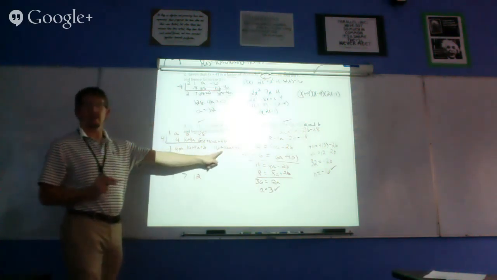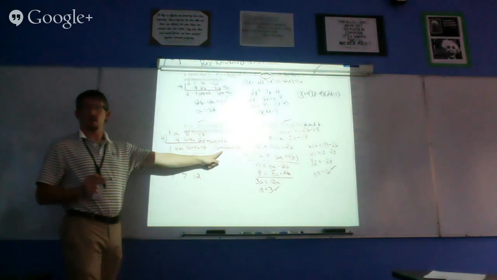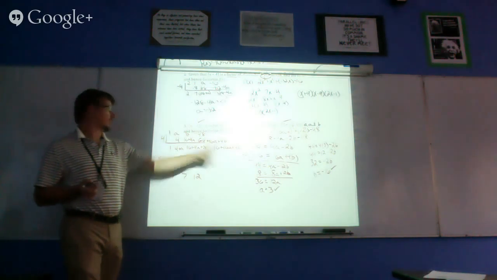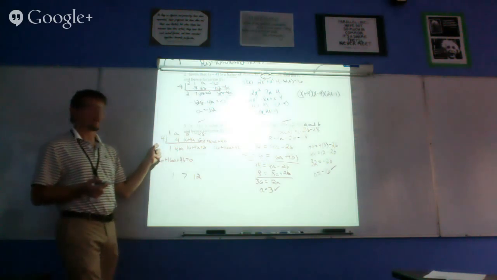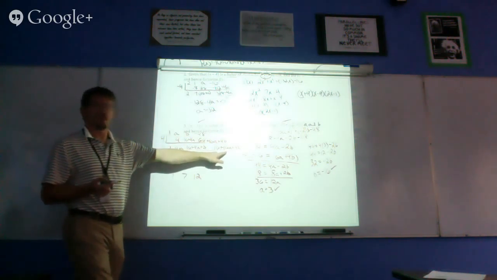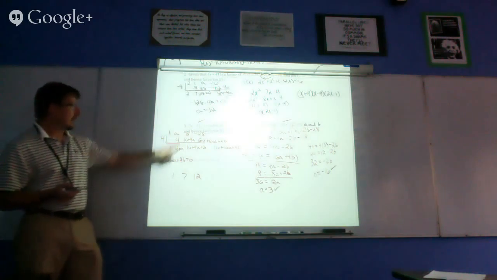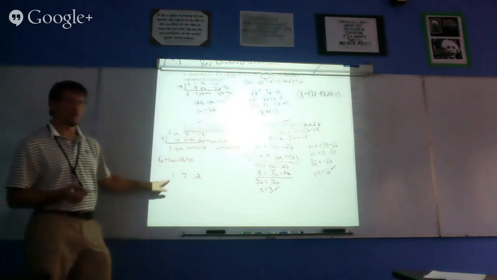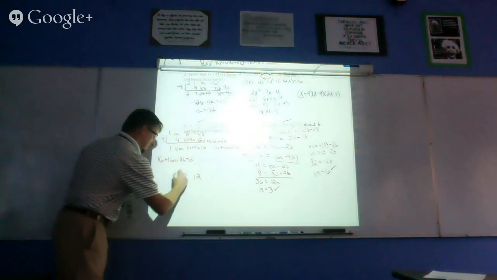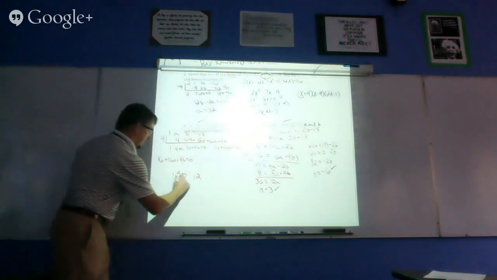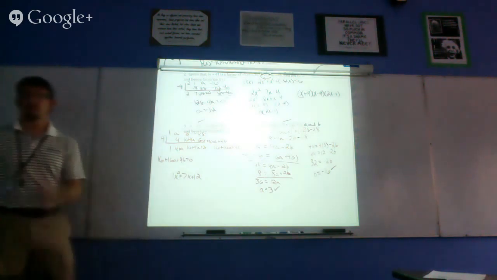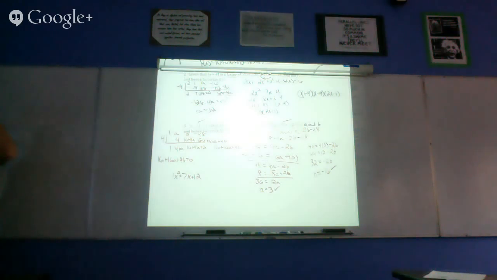And then do I need to plug it into this one? No, because you know what that's going to come out to be. Remember, 4 was a root, so this comes out to 0. No need. So if I go back to this, this is going to be 1x squared plus 7x plus 12.